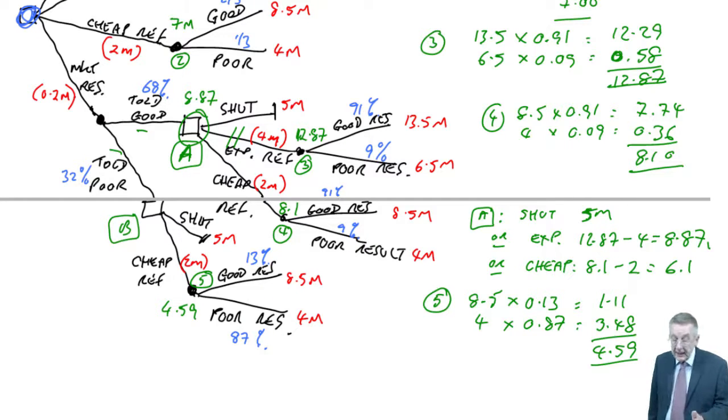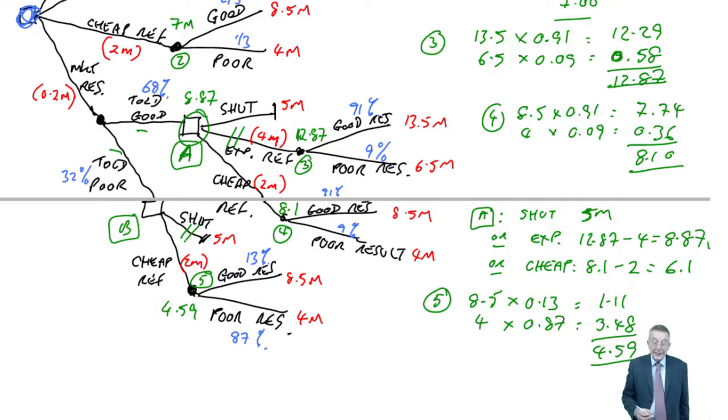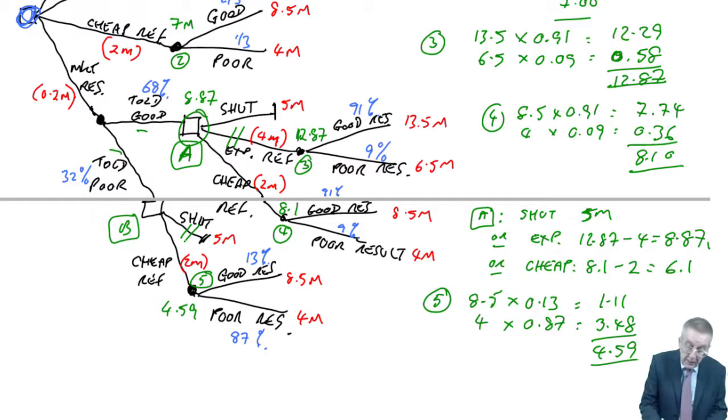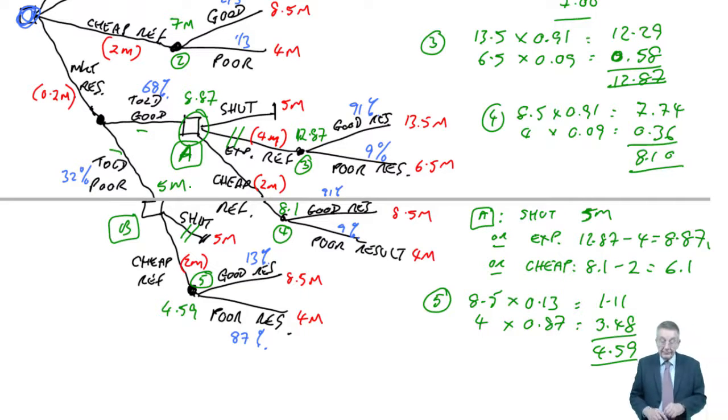We pay out 2 million to get back 4.59 million, a net 2.59. Fairly obviously we would choose to shut. Therefore, if we do market research and they tell us it's poor, we know what the return would be, because we'd shut. We know we'll get 5 million.